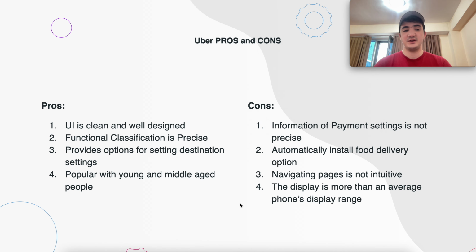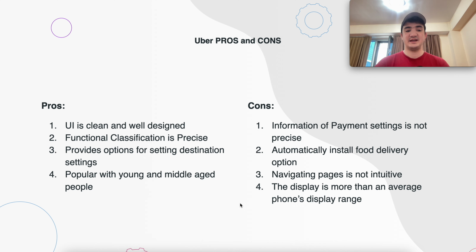So Uber's pros and cons. The pros of Uber is that a lot of users said the UI is very clean and well designed. They said the functional classification is precise. So what they meant by that is that if you have some button and you click it, it does exactly what it means. If you click on the settings button, it takes you to settings. There's not a lot of clutter or confusion on how to use the program.